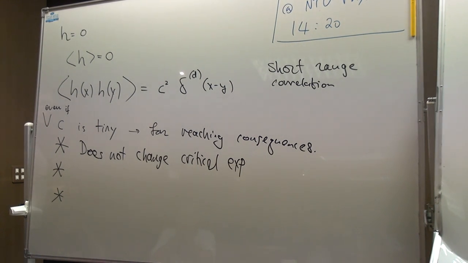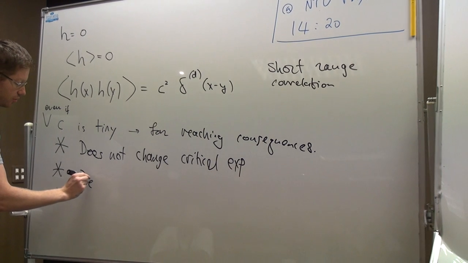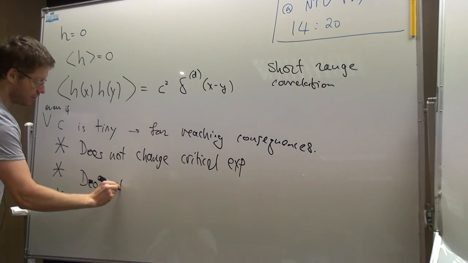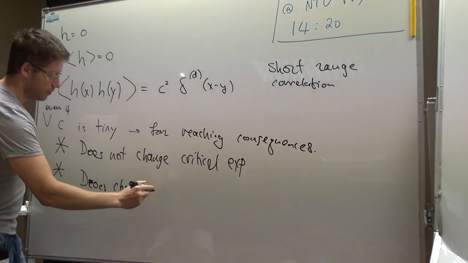It doesn't change the nature of the disordered phase. It doesn't do anything interesting. And in that case, you would just say that this is irrelevant. The second option is that it does not change the nature of the ordered phase very much, but it does change the critical exponents.